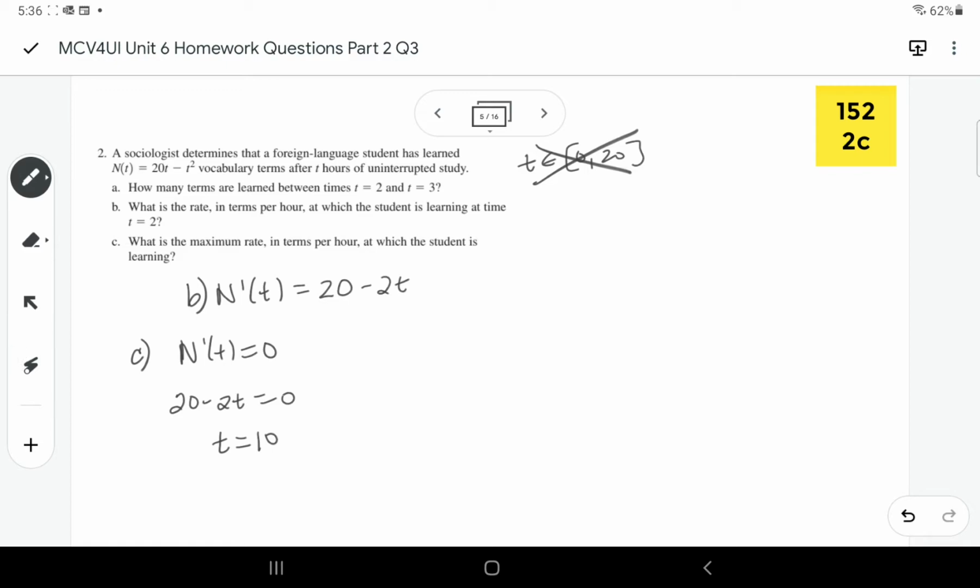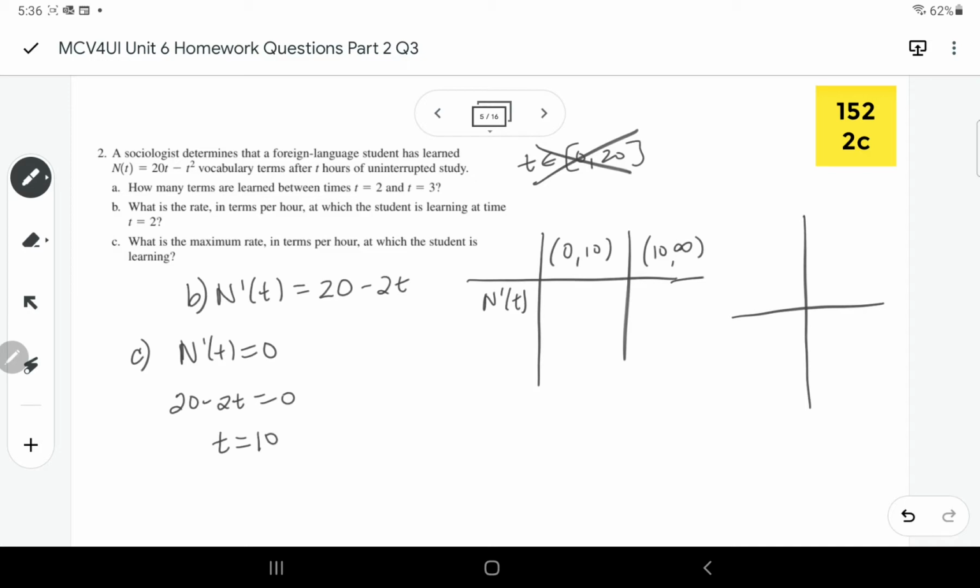So I am going to say that t has to be positive because really that's pretty straightforward in terms of time. And I'm going to look at this two ways. I'm going to look at it as a chart. So what's happening to the derivative between 0 and 10, and then after 10.